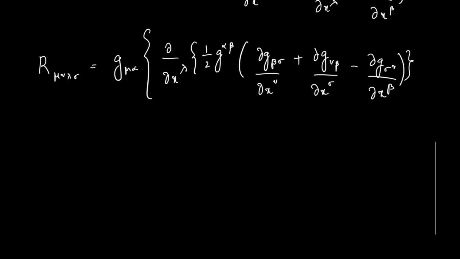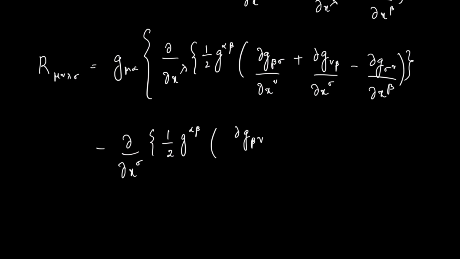The next term is minus partial derivative with respect to x sigma of half g alpha beta, partial derivative of g beta nu with respect to x lambda plus partial derivative of g lambda beta with respect to x nu minus partial derivative of g nu lambda with respect to x beta.